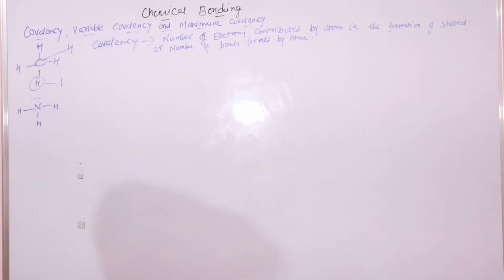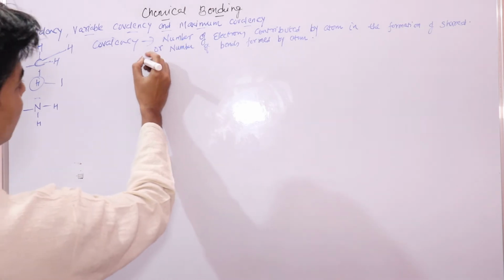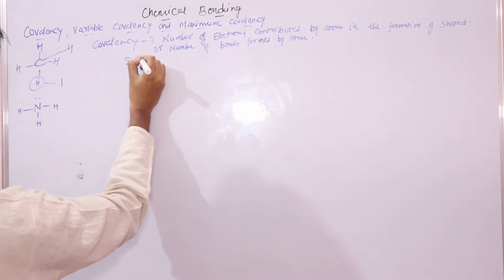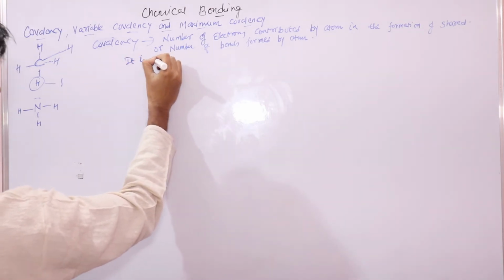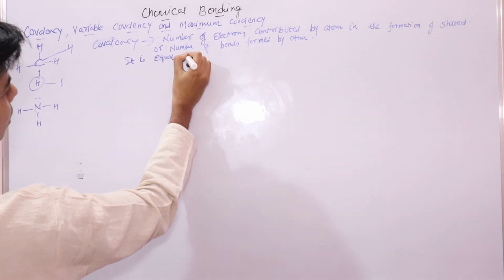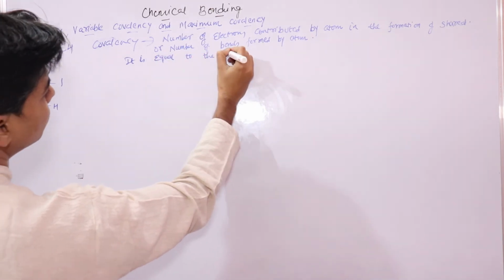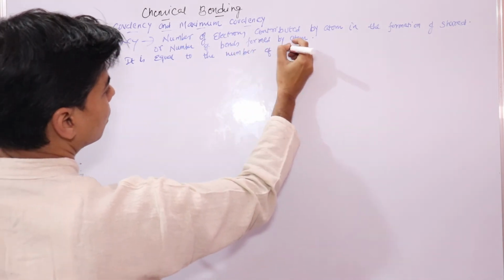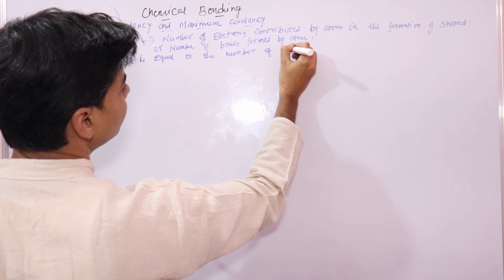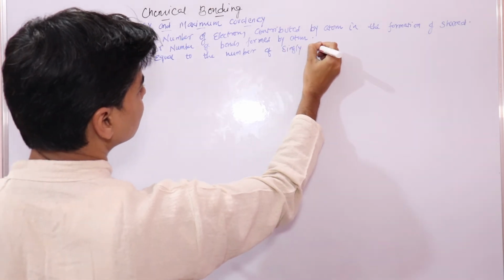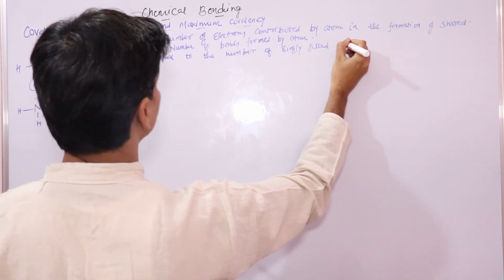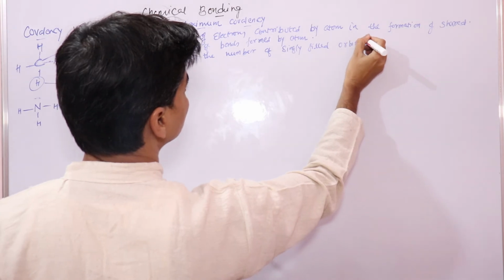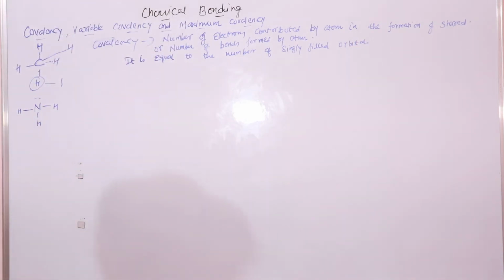There is one more way to define it. It is equal to the number of singly filled orbitals. So what do we mean by this?